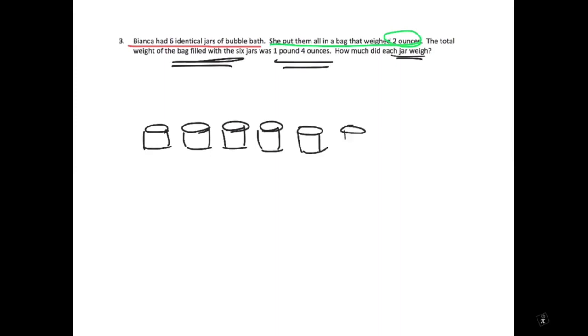So let's start by drawing a picture on this one. We're going to draw a jar, another jar, and so on, 6 identical jars, because it says so right there. And she put them into a bag. Let's choose a bag color.